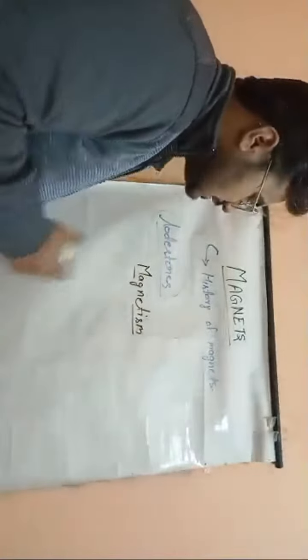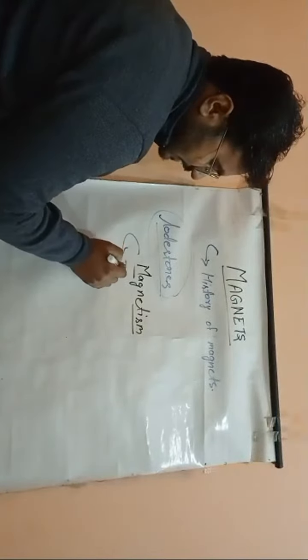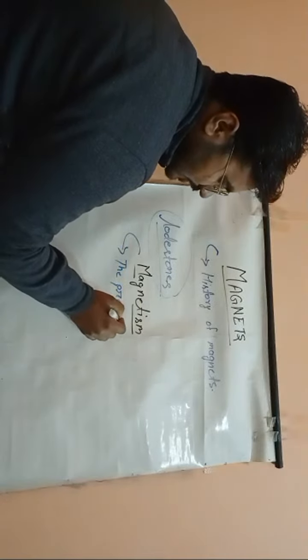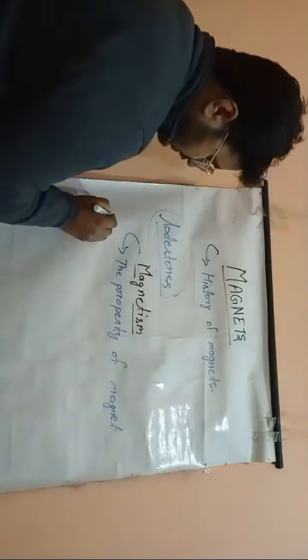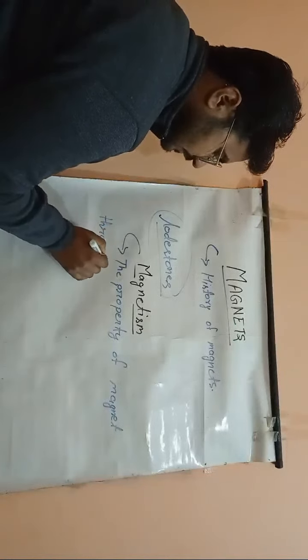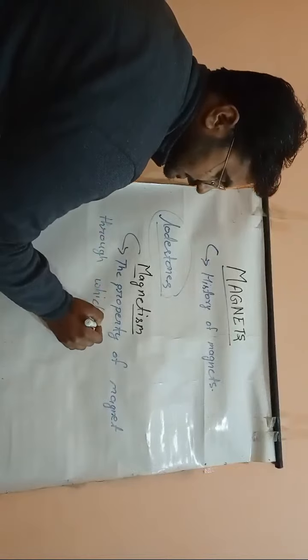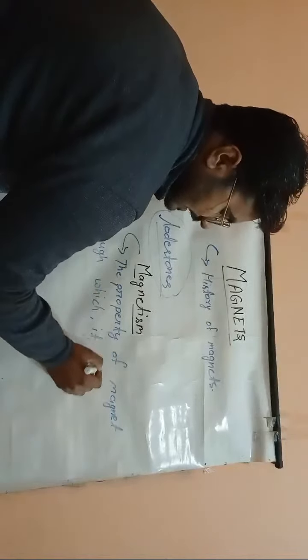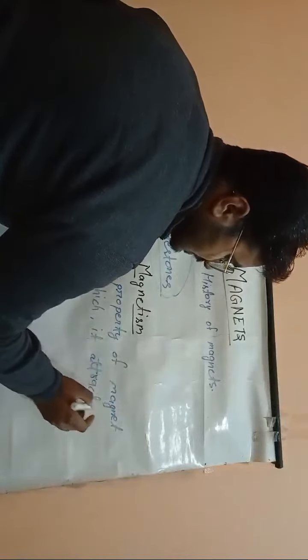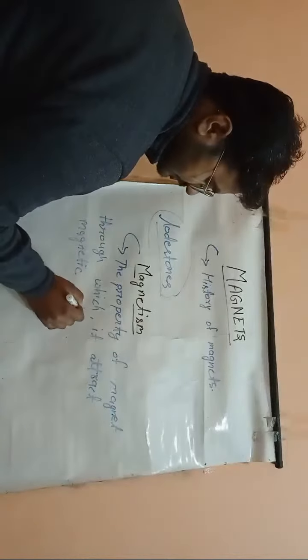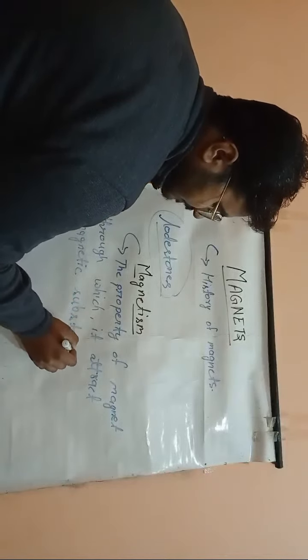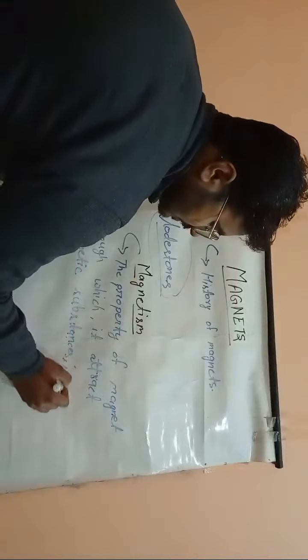Magnetism basically refers to the property of a magnet through which it attracts magnetic substances. That is called magnetism.